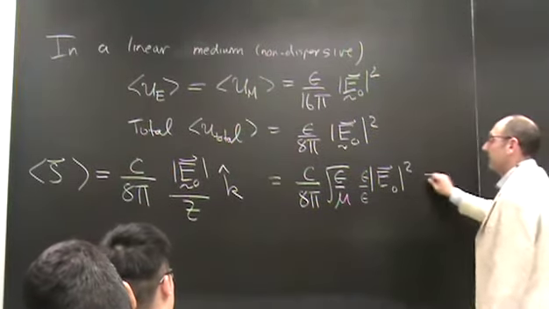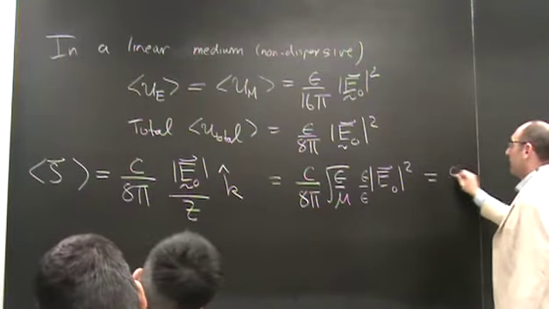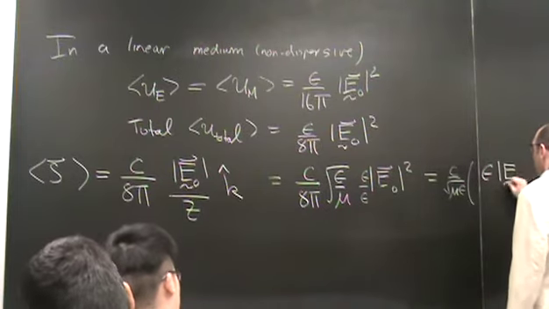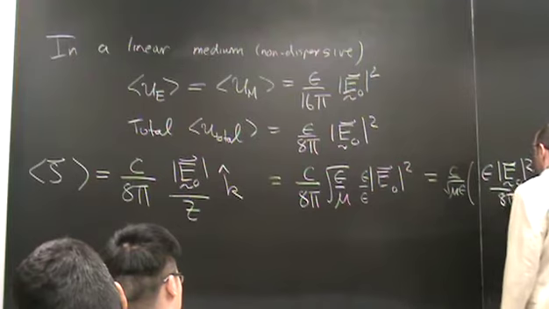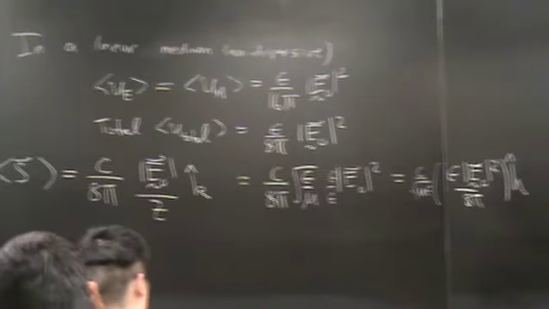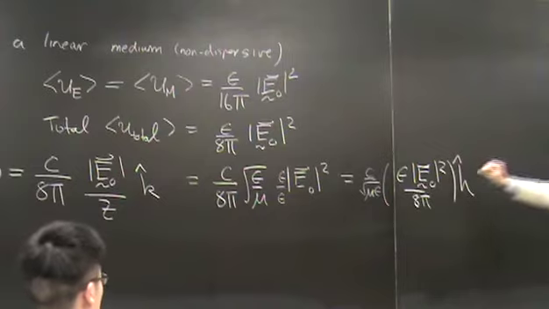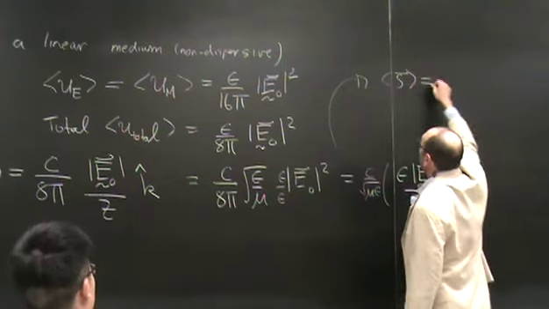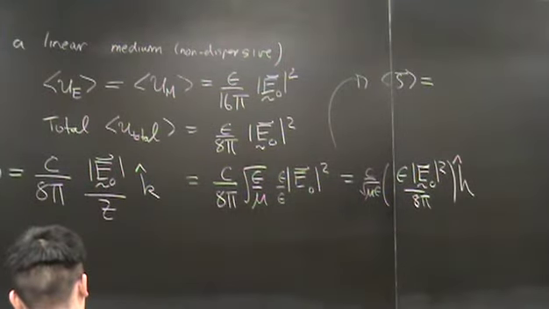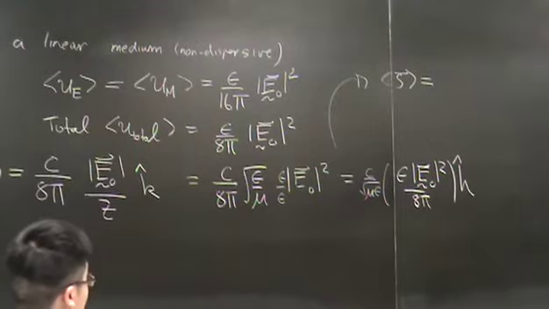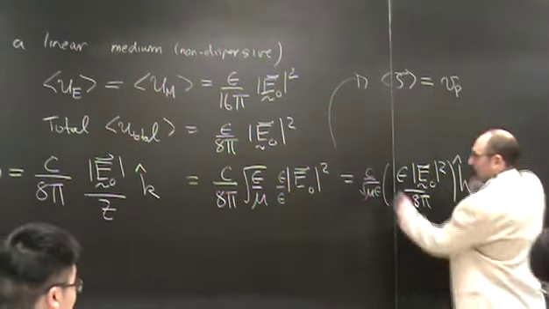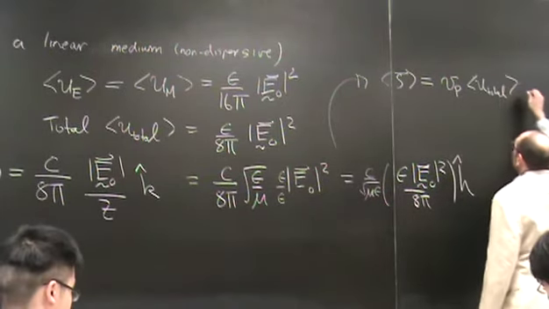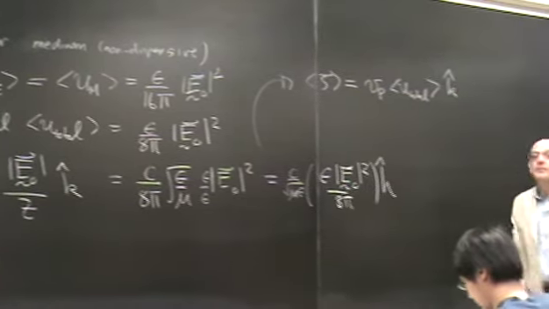Then what we see is that this is equal to c over the square root of mu times epsilon, times E squared over 8 pi, in the direction of propagation. This thus tells us that for a plane wave in a linear dielectric, the flux of energy is equal to the phase velocity times the total energy density, propagating in the direction of k.